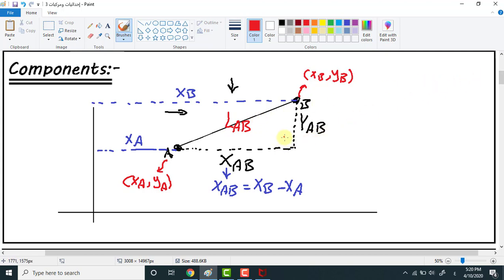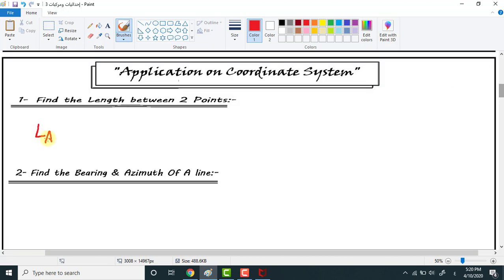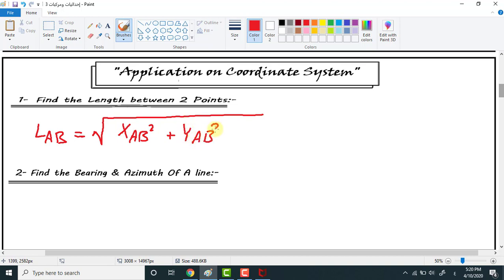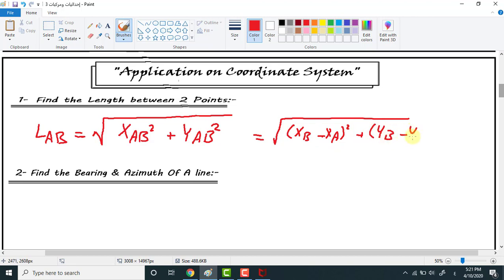From this right triangle, we can calculate LAB. From the triangle, LAB equals the square root of XAB squared plus YAB squared, and this equals the square root of (XB minus XA) all squared plus (YB minus YA) all squared.